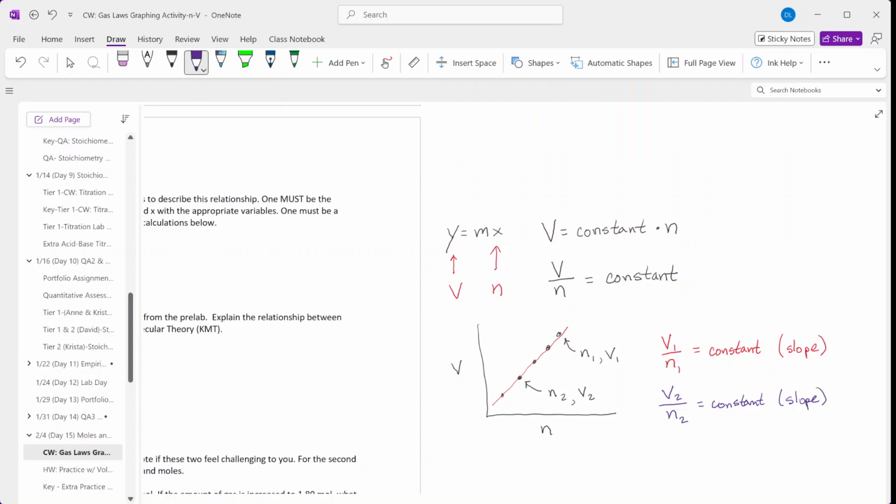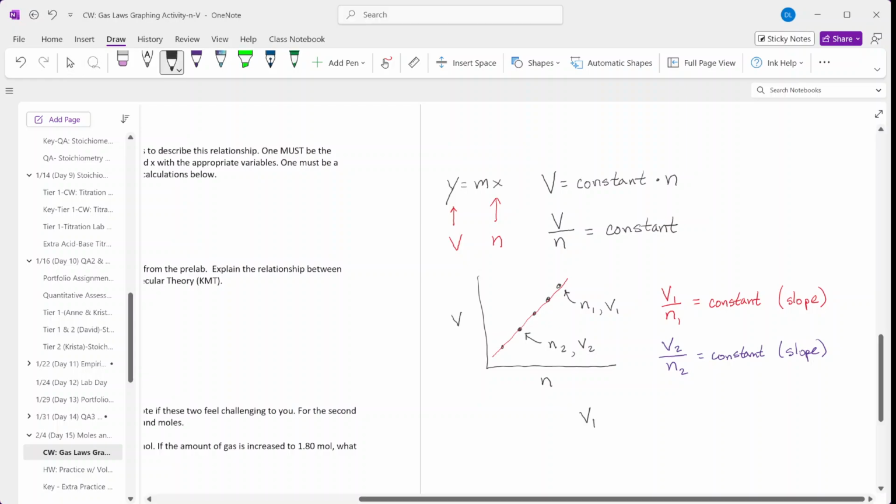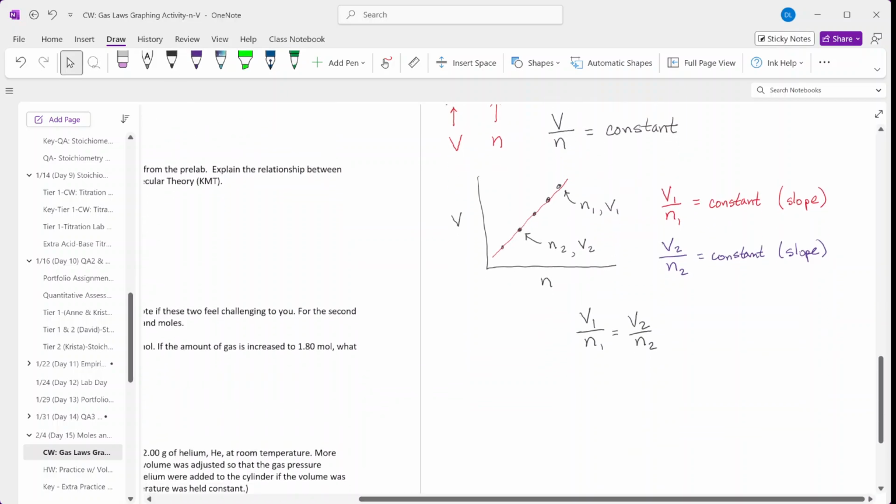But because these points sit on the same line, that is, because these data points were collected under the same pressure and the same temperature, we can write a general equation where V1 over N1 equals V2 over N2, right? And this equation we can use to solve a lot of problems for different systems.